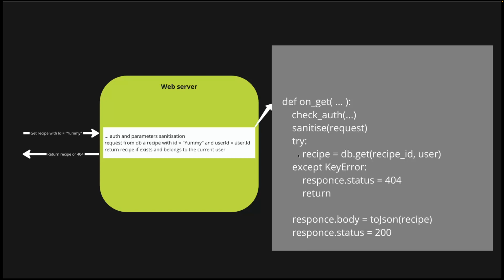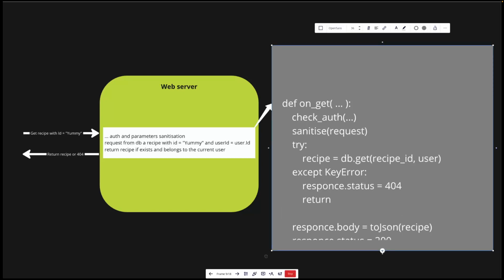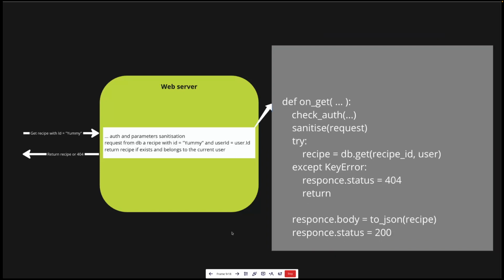If we have found the recipe, then we convert it to JSON. Oh, by the way, this is non-Pythonic, some Java habits. This should be like this. So we convert it to JSON. Again, this is not real Python code, but pseudocode to explain what's going on. And then we return 200 because we found the resource. So that's what's going on here.